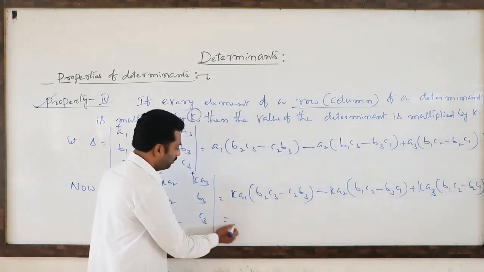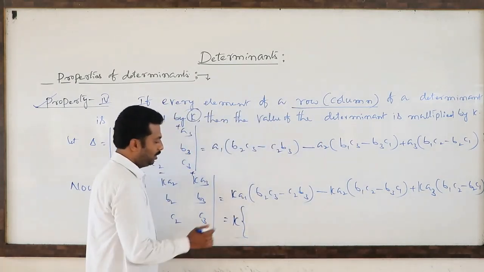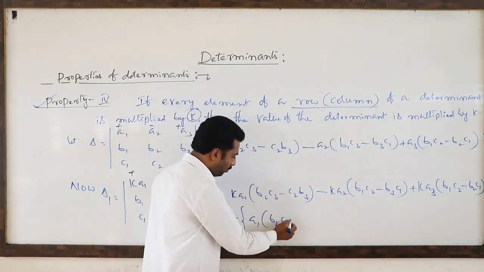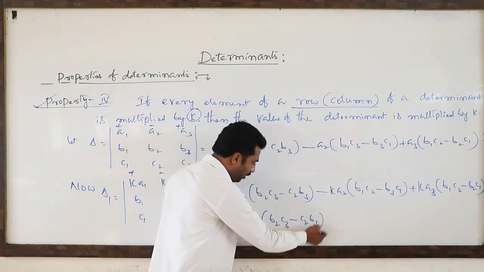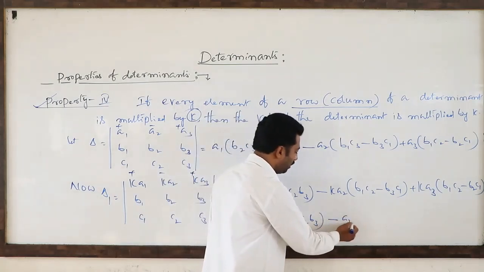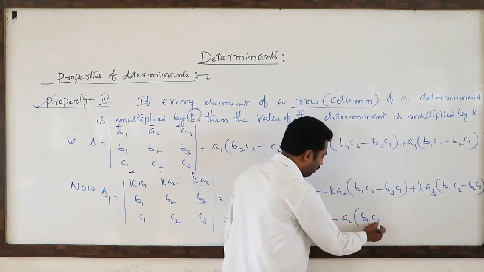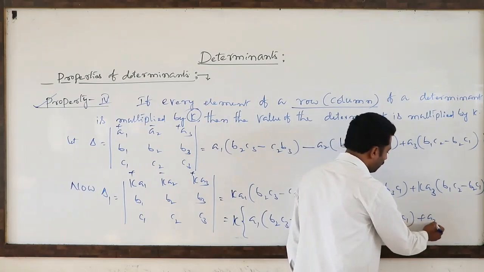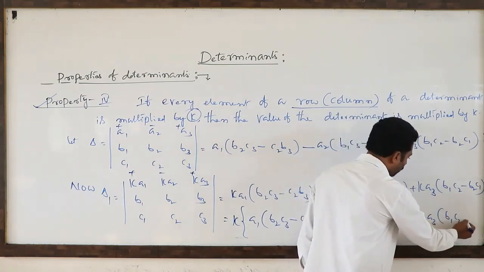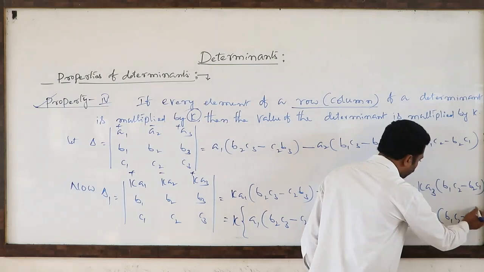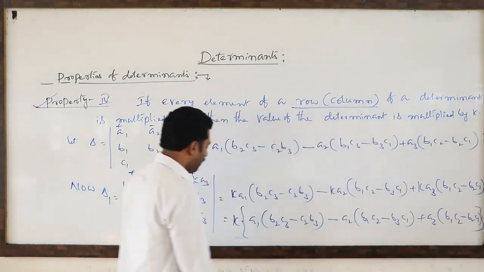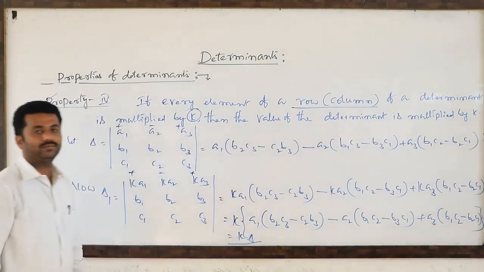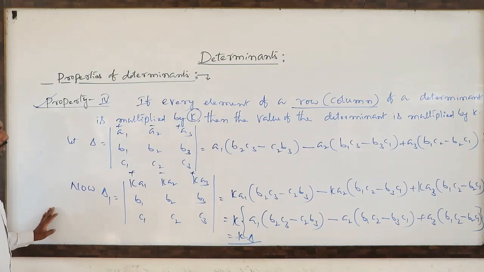If I take K common, what is left? A1 into (B2 C3 minus C2 B3) minus A2 into (B1 C3 minus B3 C1) plus A3 into (B1 C2 minus B2 C1). Very clear. Can I write this as K into delta only?